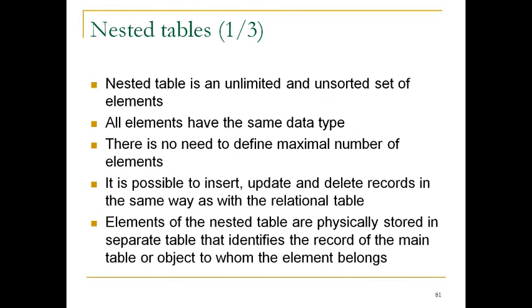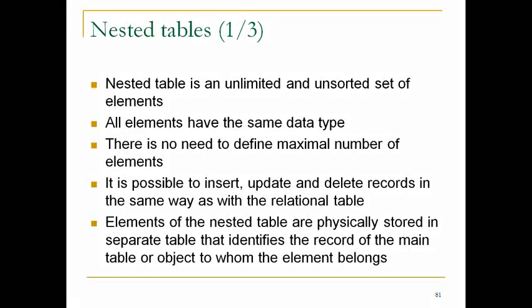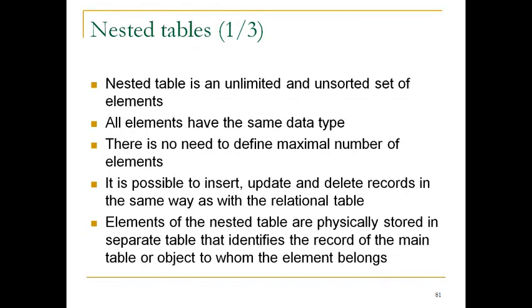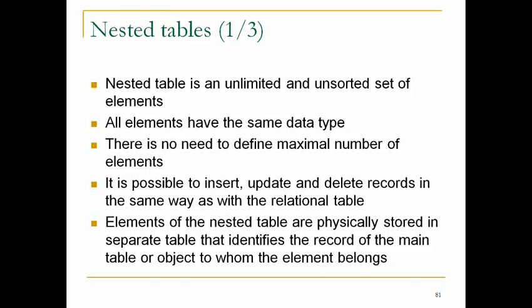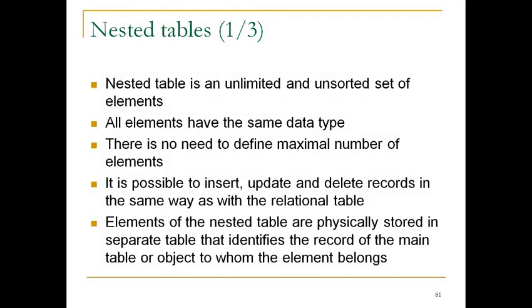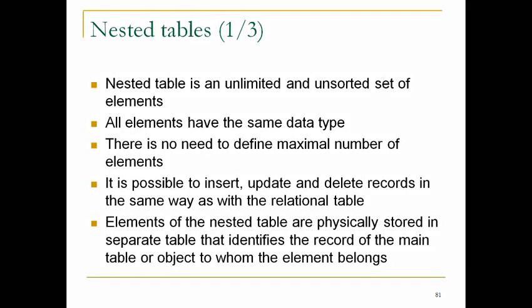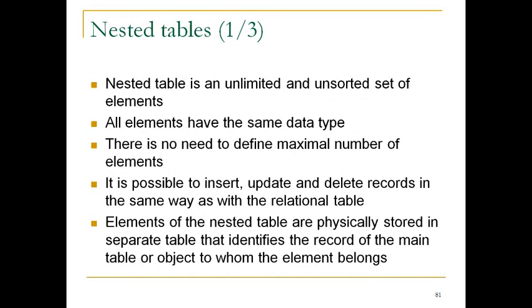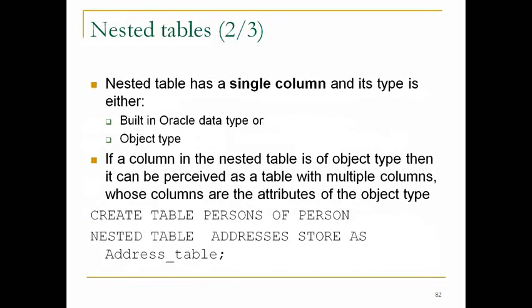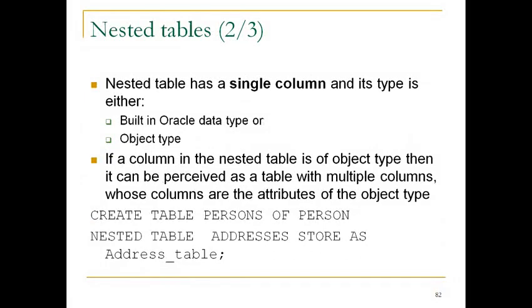And these elements of the nested table will be physically stored somewhere else. And the links to this place that I named somewhere else will be created automatically. Yes, physically two tables will be used, but you as a user, or in this case a programmer, won't have to specify this other table and take care of storing the data in it.